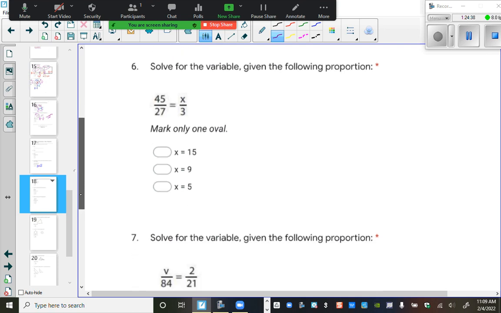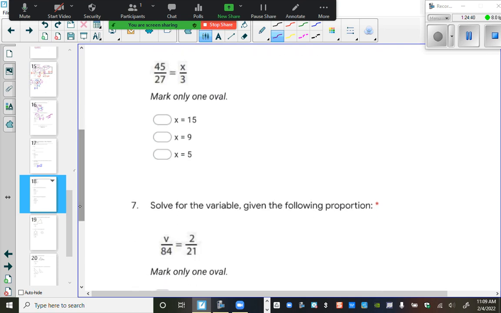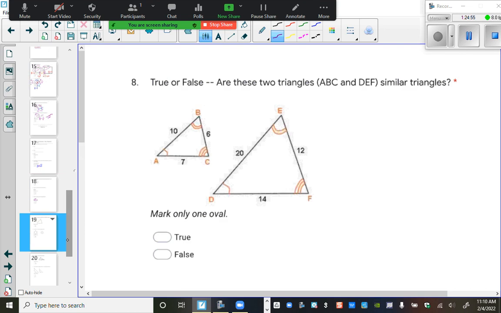These guys are just like the homeworks. Diagonal, diagonal. 2 times 84, 21 times V. No, okay, here, same thing, similar. We just did these. Compare your sides if you have to.